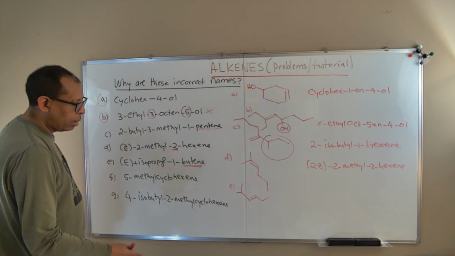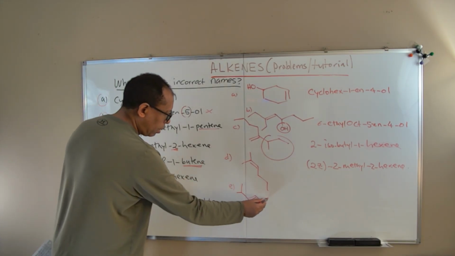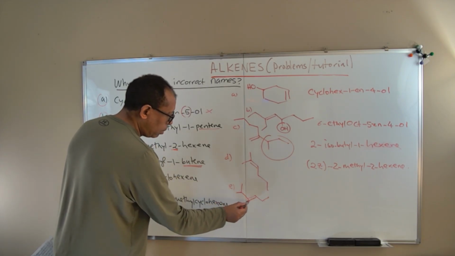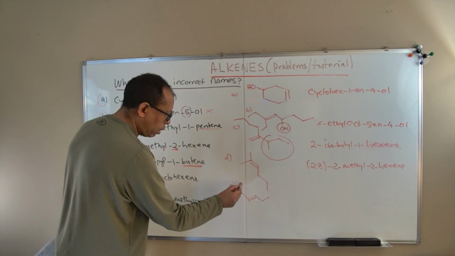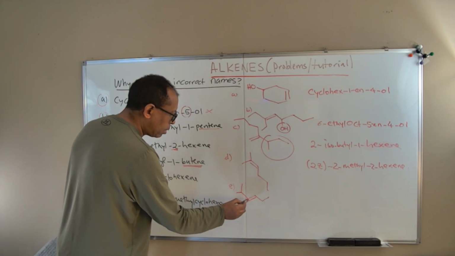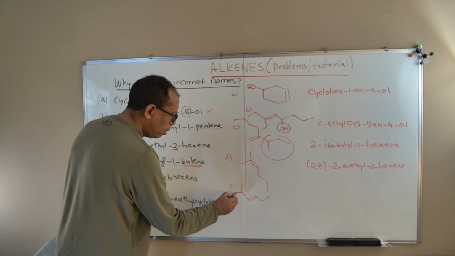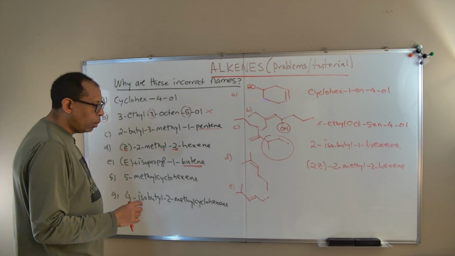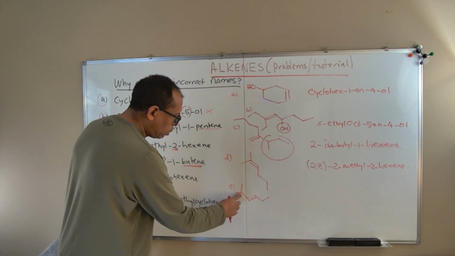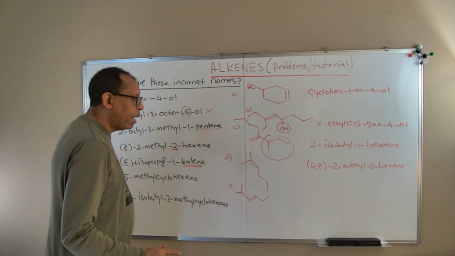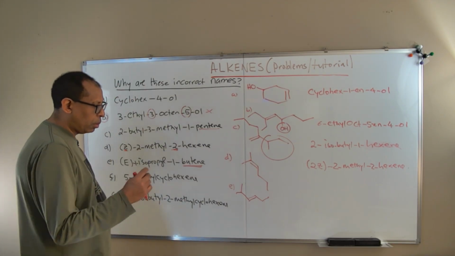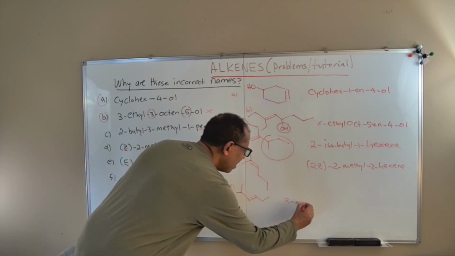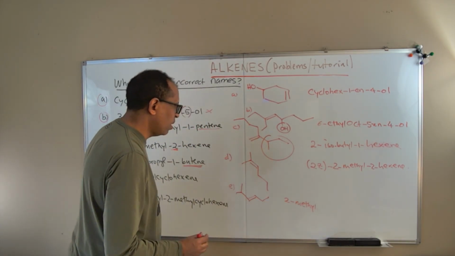If you just count starting from here, for example, 1, 2, 3. So I will count from here where the methyl group is. So it is a 3 methyl, 2 methyl, and 3 is where the double bond is. So the naming would be 1, 2, 3, 4, 5. It is a hexene. So the way I will name this would be 2 methyl.